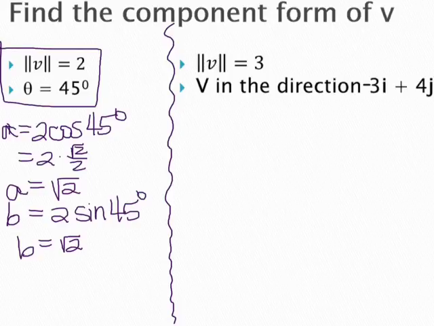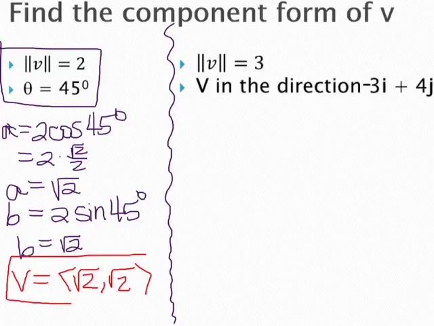So our answer here, vector v is the vector <radical 2, radical 2>. We took magnitude times the cosine of the angle to get our horizontal component, magnitude times the sine of the angle to get our vertical component.